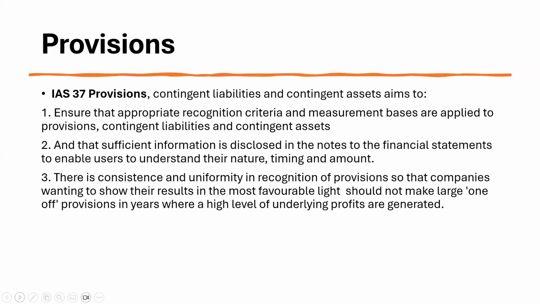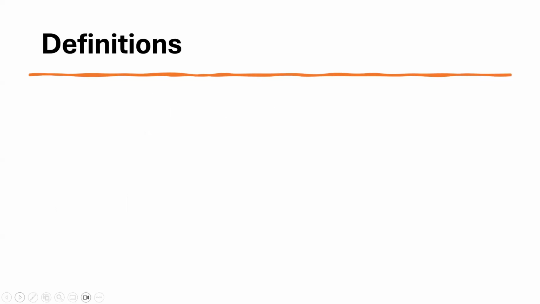That was done to understate profits, thereby understating tax eventually. So the establishment of IAS 37 is here to make sure that there is uniformity across the globe on how provisions are done.